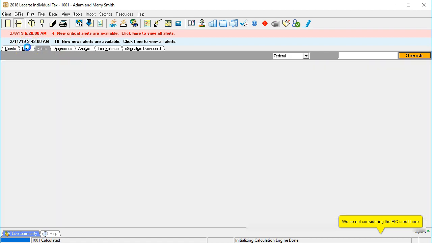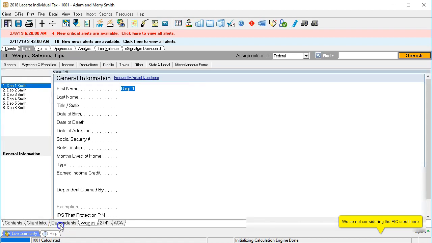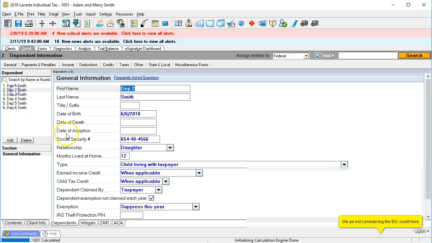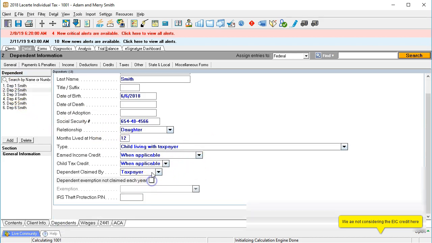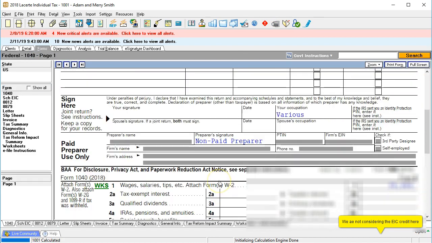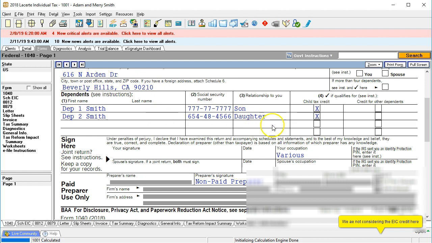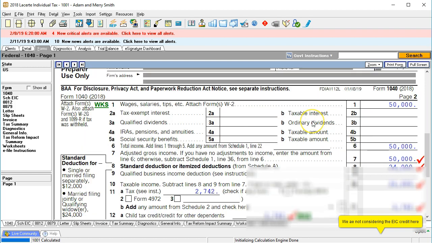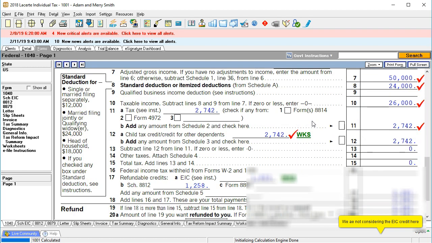Now again, what if we had another dependent? Well, what would happen then? We're going to say, all right, well, let's add a dependent. Well, now there's 2 dependents up top, both qualify for the child tax credit for our example. And we'll say, all right, well, what does that do? Well, now, of course, you would think it would be 4,000.